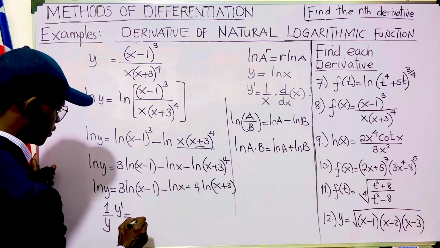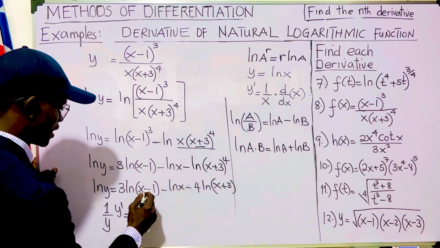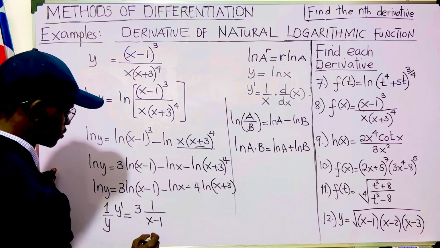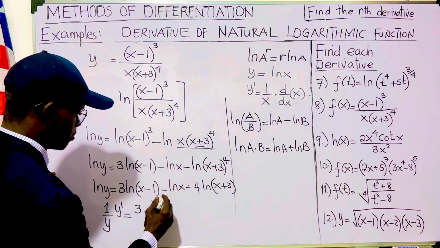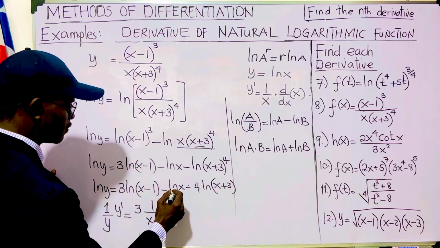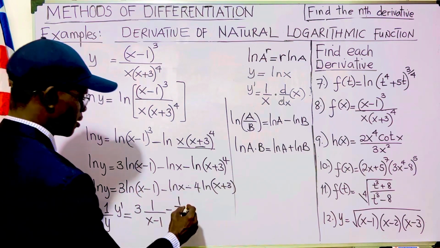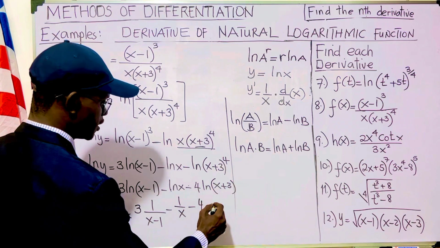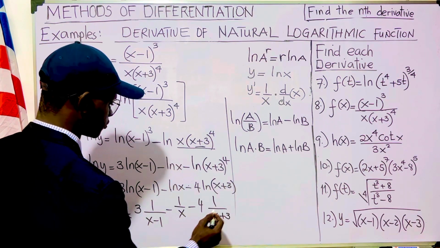Now this one, this is 3. The derivative of ln of x minus 1 is 1 all over x minus 1. The derivative of x is just 1. The derivative of 1 is 0. Minus the derivative of ln of x is just 1 all over x. Minus the derivative of ln of x plus 3 is just 1 all over x plus 3.